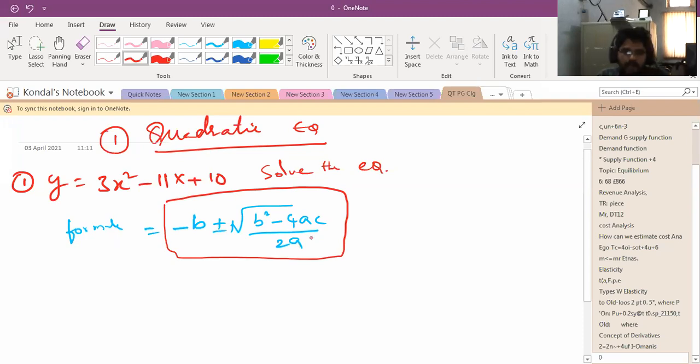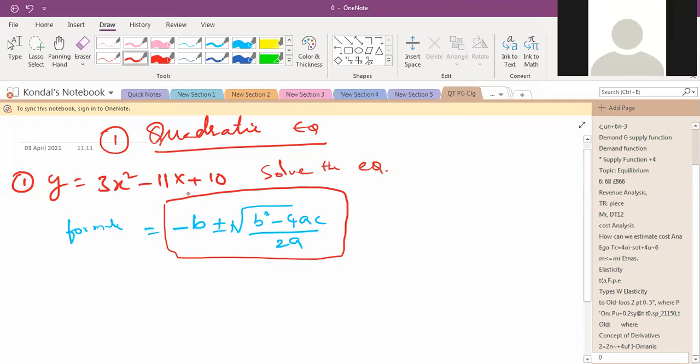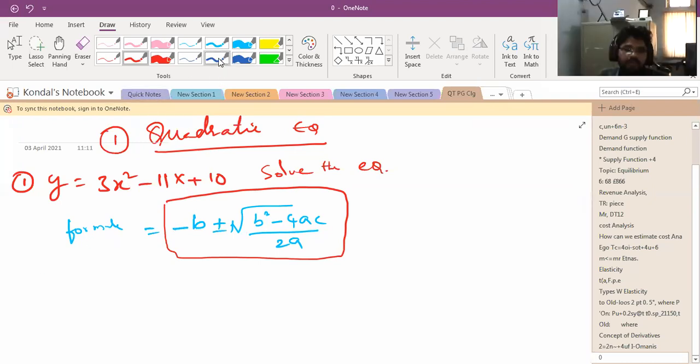So here, what is a and what is b and what is c? We don't know the values of a, b and c, right? Did they mention the a, b and c values? No. Therefore, we should first write y is equal to 3x square minus 11x plus 10.